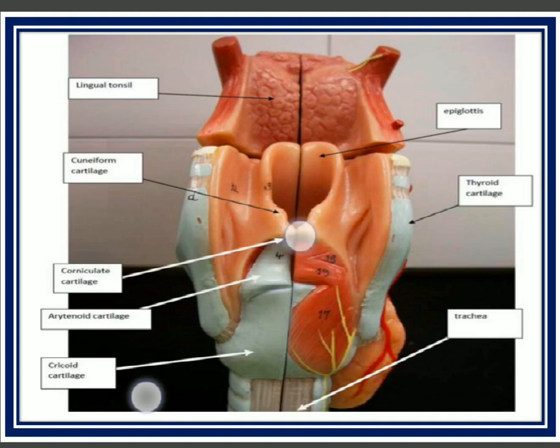So the corniculate is on the posterior side and this would be ventral, closer to the anterior side, closer to the tongue side. These are the cuneiform cartilages. So that's all about the different cartilages that form the larynx. Thank you so much.